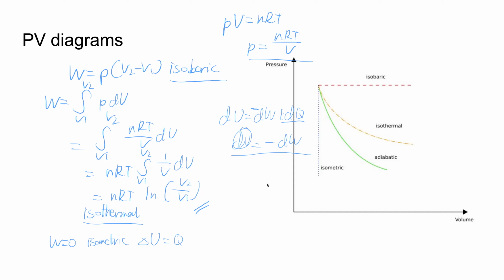We can sub this equation back into negative dW, and if we know the heat, then we can deduce the internal energy. For isobaric, it's exactly the same thing. We know the work done, so we can deduce the third quantity using the second quantity. So that's the 4 processes.